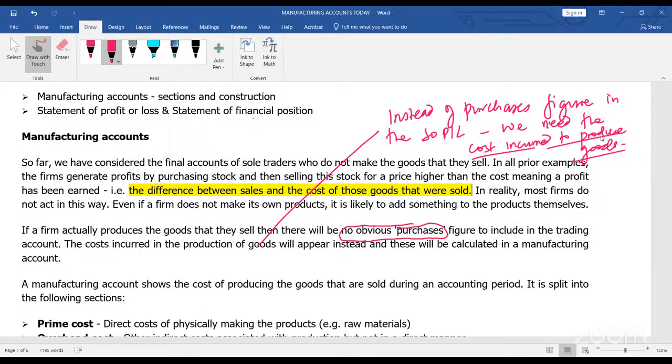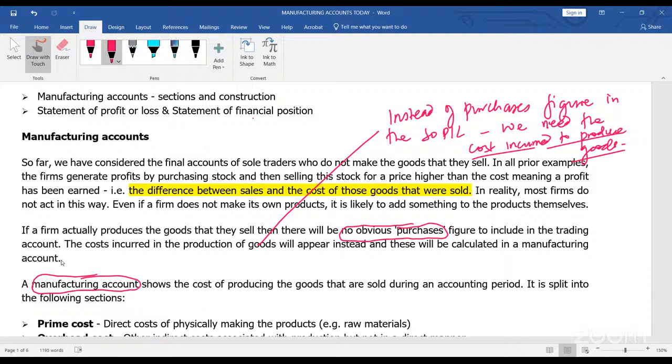A manufacturing account shows the cost of producing the goods that are sold during an accounting period. So manufacturing businesses, when they are coming up with their final accounts, you expect them to prepare what we call a manufacturing account. Why? Because they manufacture the products that they are selling, so they have to find out how much they have incurred to produce these goods.